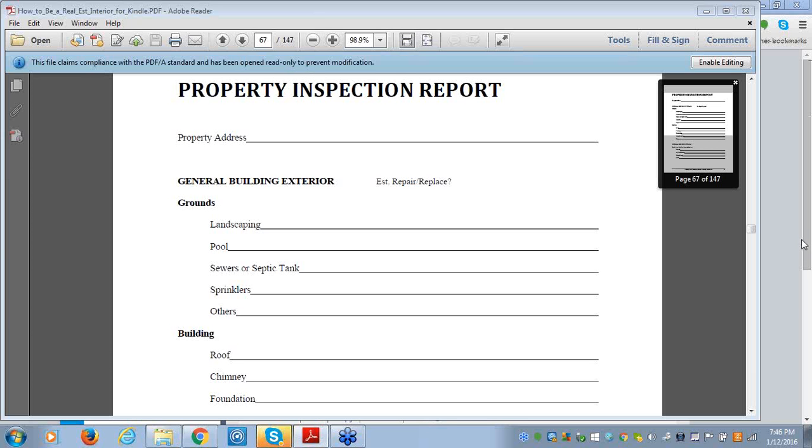Yes, excellent question, Chris. So in your MLS system, there are two fields you want to focus on when you're trying to identify good candidates for flipping. The one field is the ownership category. It's where you actually put in the owner's name of the property. In most cases, it'll be somebody's last name.